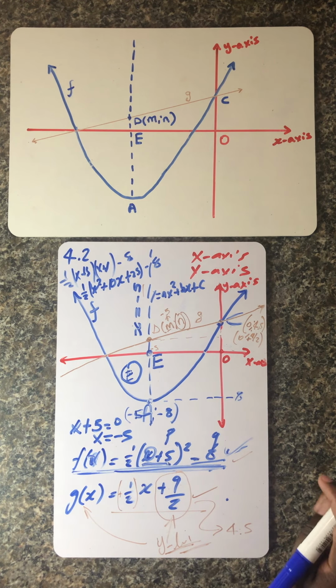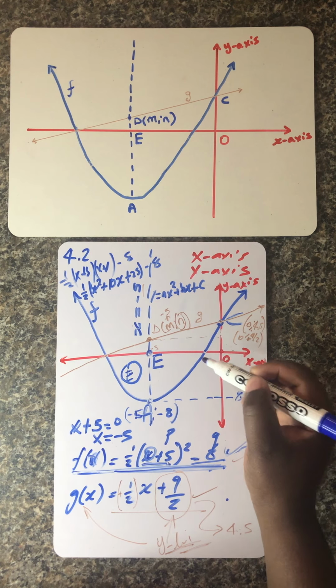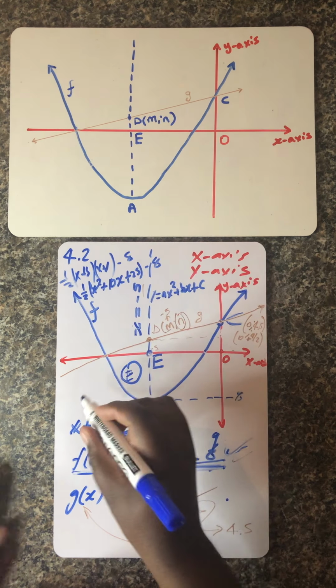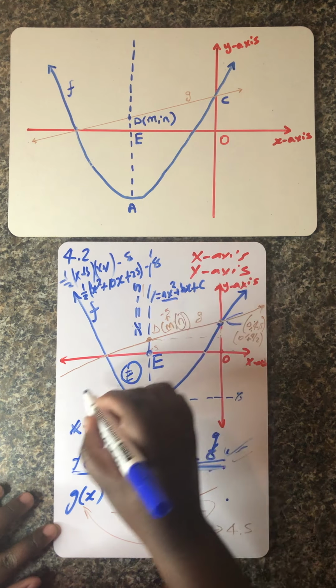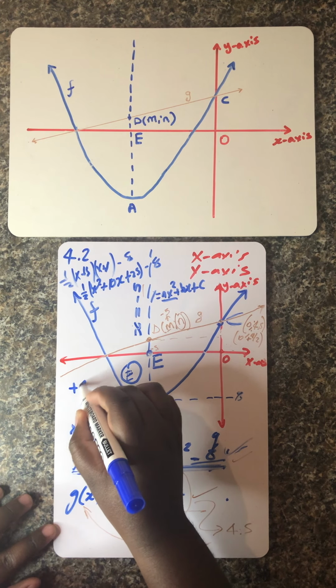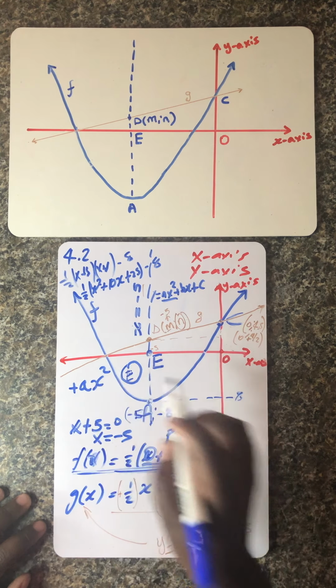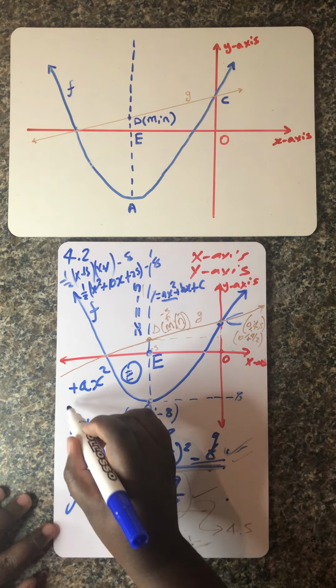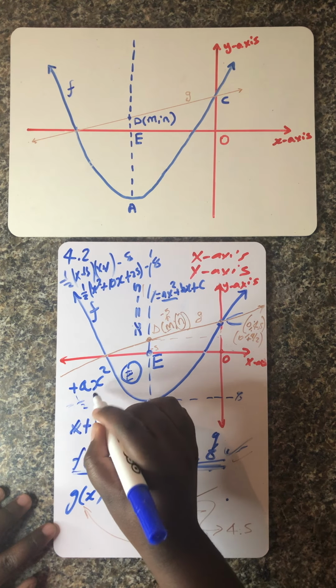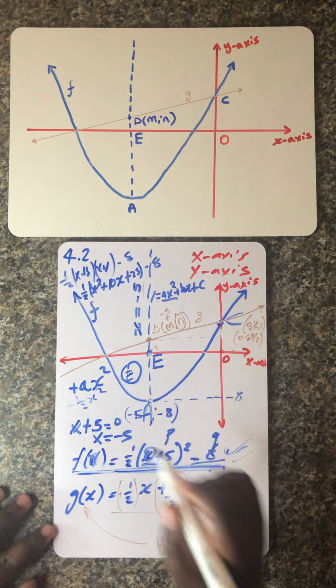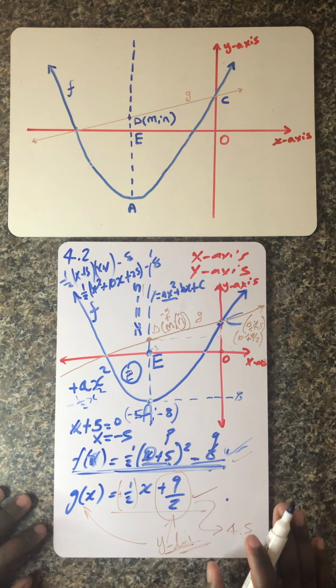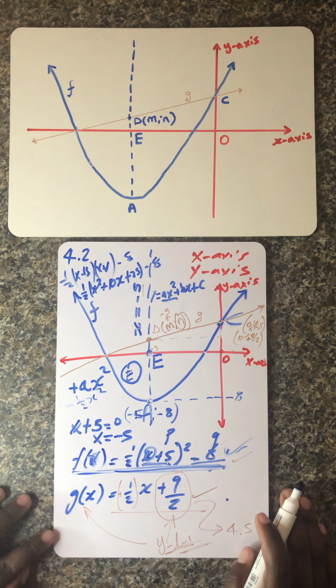For example, if you expand that formula, your a is going to be a positive ax squared. If you don't have a positive ax squared, for example if you get -1 over 2x squared, then just know that your expansion is wrong, or your equation in standard form is wrong.